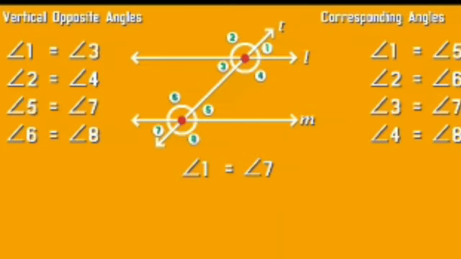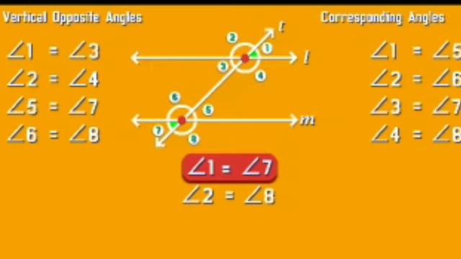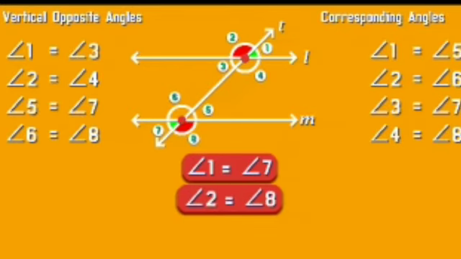Another condition shows that angle 2 is equal to angle 4 and angle 4 is also equal to angle 8, which concludes that angle 2 is equal to angle 8. As we know that angles 1 and 7 and angles 2 and 8 are pairs of alternate exterior angles, thus here we can say that alternate exterior angles are equal.